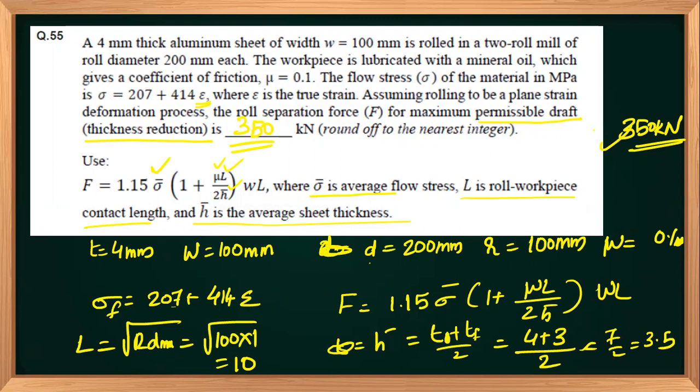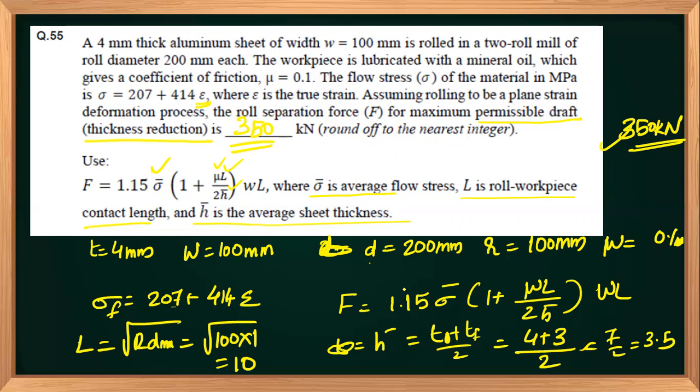Only for this problem, you have to understand how to estimate the flow stress using the curve equation. Suppose such a formula could also be there, K epsilon to the n. So it can be in different forms. It can be fitted to a curve, or it can be fitted to a straight line.